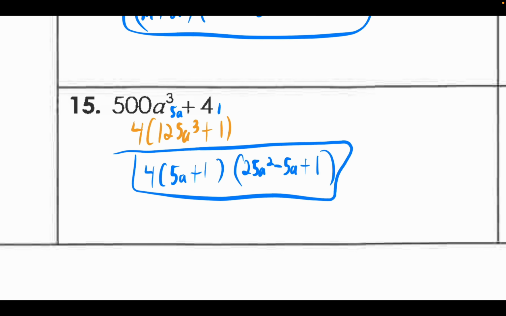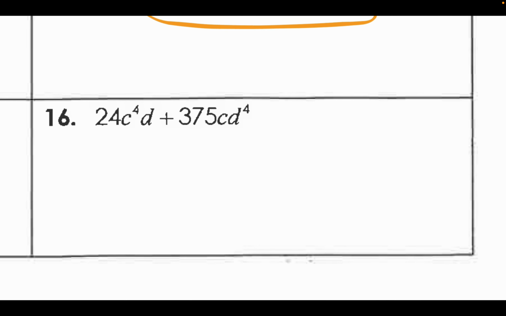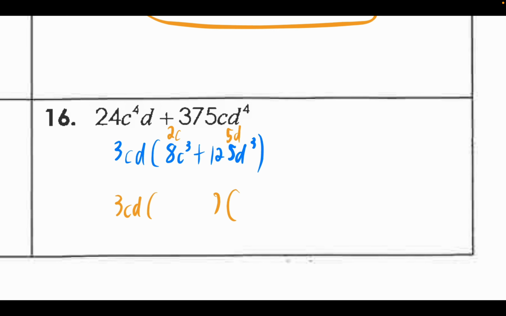Similar happenings here on the next problem where we have a GCF. 24c to the fourth d plus 375c d to the fourth. Here, our GCF this time is going to be 3cd. One way you can know there's a GCF is that neither of these terms are perfect cubes or perfect squares. So then we're left with 8c cubed plus 125d cubed. So cube roots of these are 2c and 5d, and so we'll put it in the rule accordingly, with 2c being a and 5d being b.